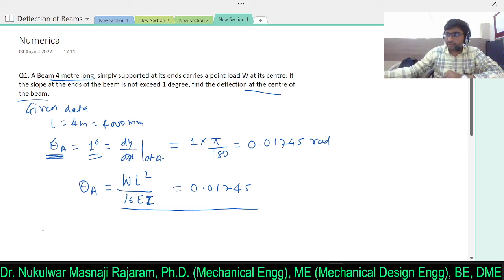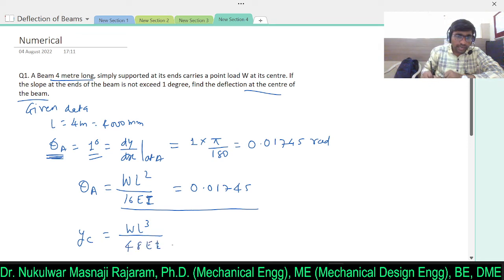Why? Because we are going to use this equation, YC equal to WL cube divided by 48 EI. Simple. I know this value, WL square divided by EI. So I will convert this equation into this form. I will write WL square divided by 16 EI into, what is remaining, 16 multiplied by 3, and here L cube is there, here I am writing L square, so I will write L by 3.